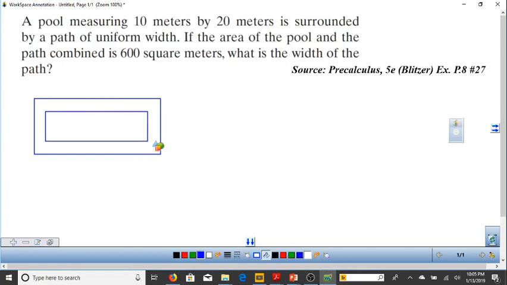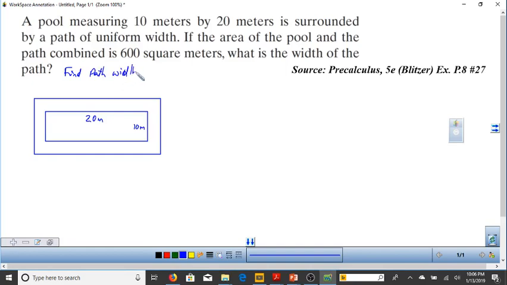So this pool has a width of 10 and length of 20 meters. Again, not drawn to scale. And they said to find the width of the path. So we're going to find path width, which we will call x.